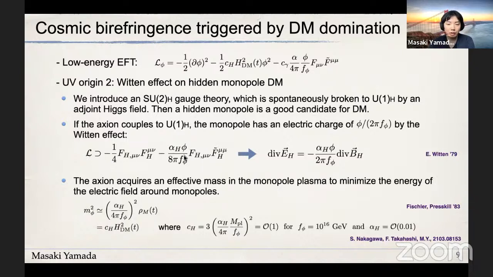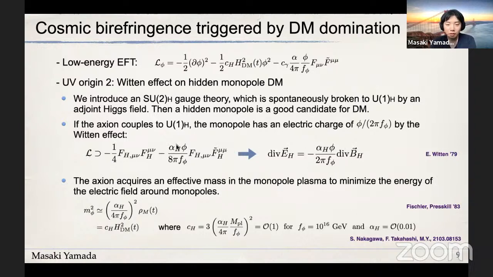Then if the axion couples to this hidden U(1) gauge symmetry, it is known that the monopole has an electric charge proportional to the axion field value. And this is known as the Witten effect. This can be understood by writing down one of the Maxwell equations, Gauss's law.